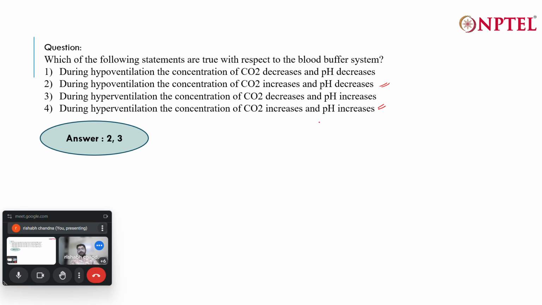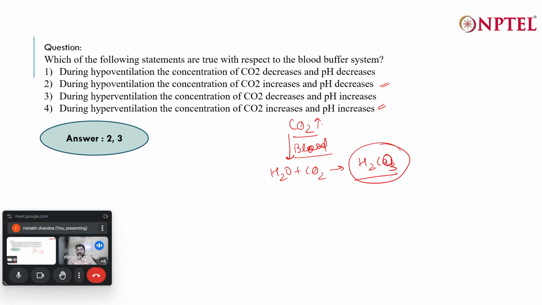How? Whenever CO2 concentration is increased, it will get dissolved in blood. Now when it is dissolved in blood, it will form carbonic acid. It's an acid. So whenever CO2 concentration increases due to hypoventilation, the pH would decrease because an acid is formed.